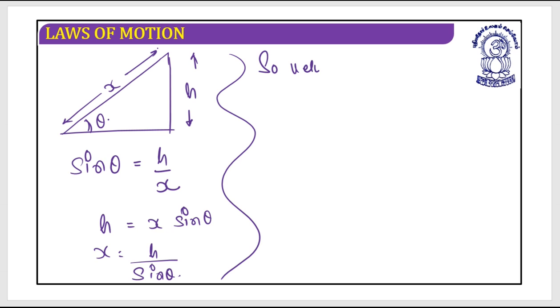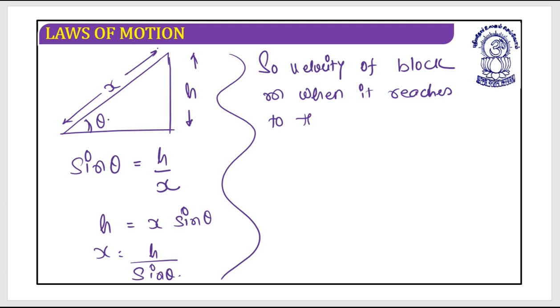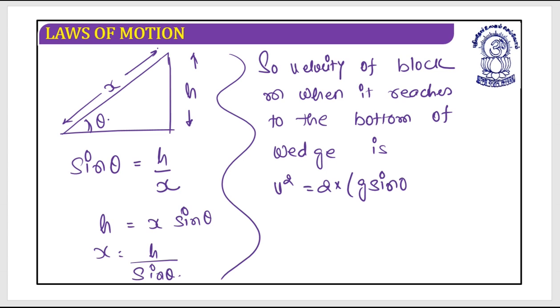So the velocity of block M when it reaches the bottom is v square equals 2 multiplied by (g sin theta minus mu g cos theta) multiplied by x, and this x is h by sin theta.